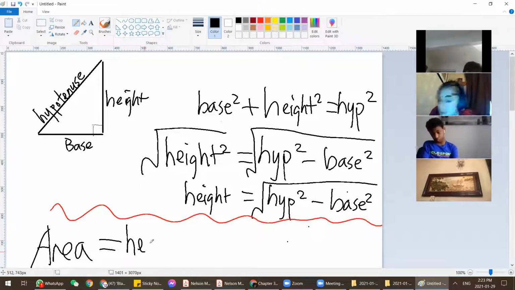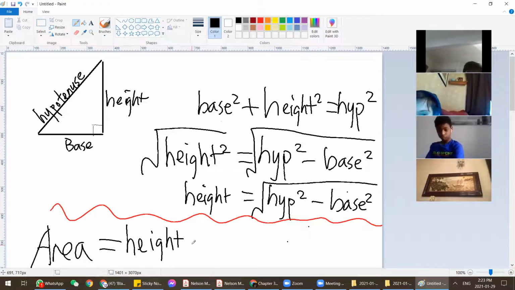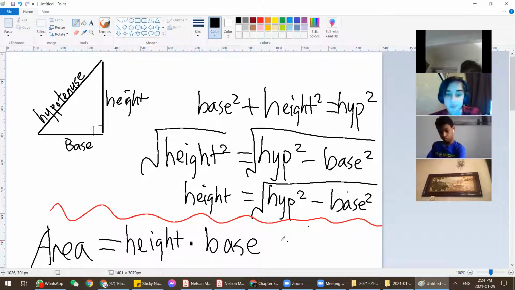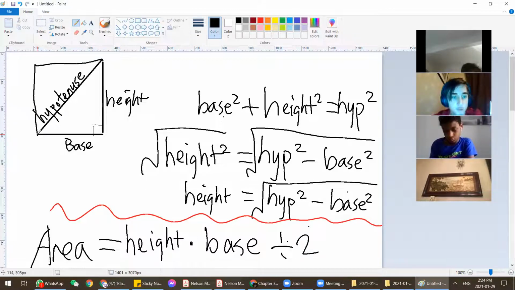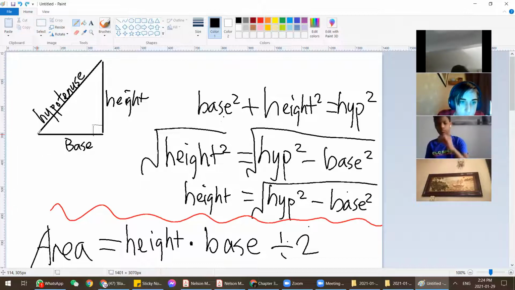I should have asked Nathaniel because other people haven't actually said anything. Divided by 2, right? Because base times height would be like a rectangle, right? And a right triangle is half of the rectangle size, right?